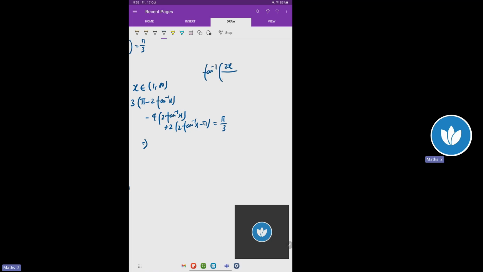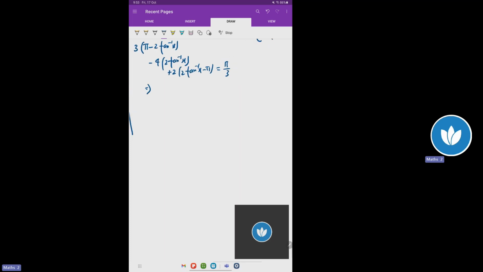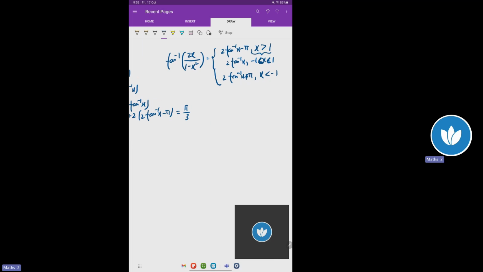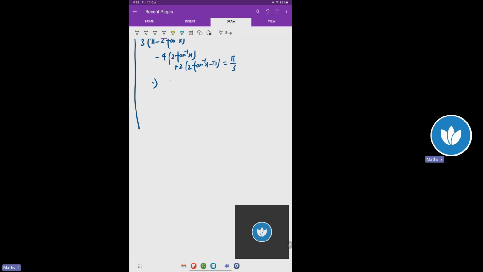Remember this directly: tan inverse of 2x upon 1 minus x square can be opened in three cases: 2 tan inverse x minus pi if x is greater than 1, 2 tan inverse x if x is from minus 1 to 1, and 2 tan inverse x plus pi if x is less than minus 1. Obviously, we cannot include 1 because it is not in the domain. Since x is greater than 1, I have written this segment here. The earlier two results I have written already in the earlier problems.